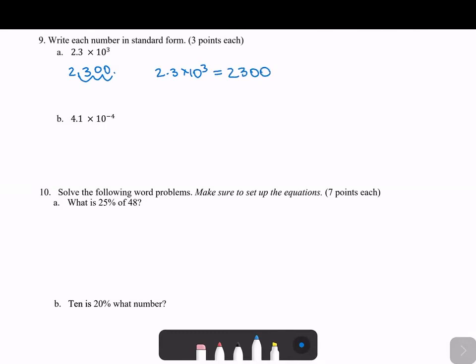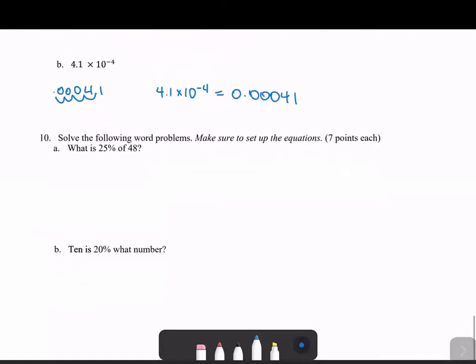And on the other hand, with a negative exponent, we move the decimal to the left. So I move it 4 spots. So 4.1 times 10 to the negative fourth is 0.12341. Okay.